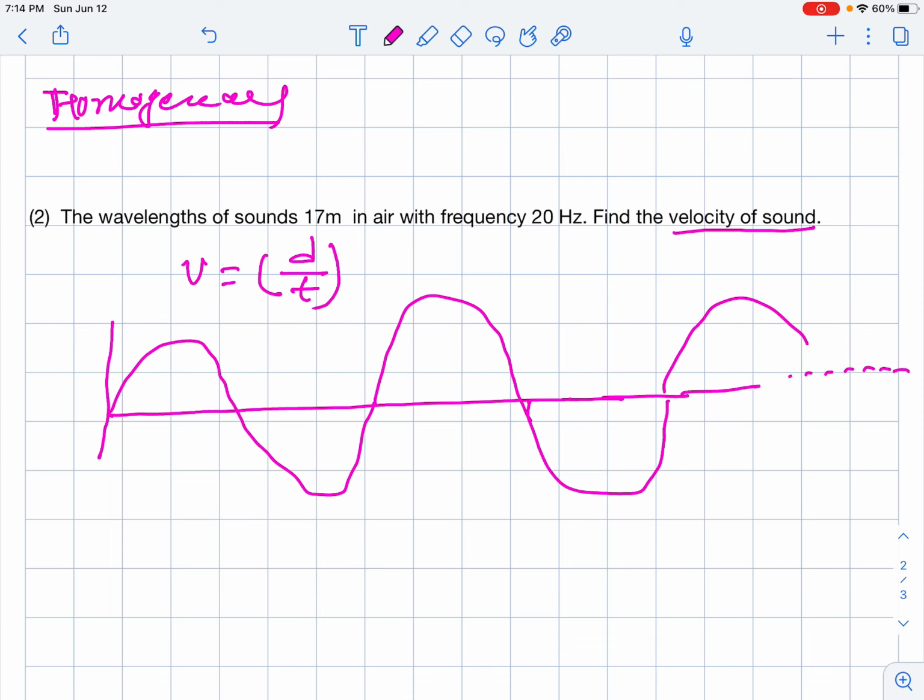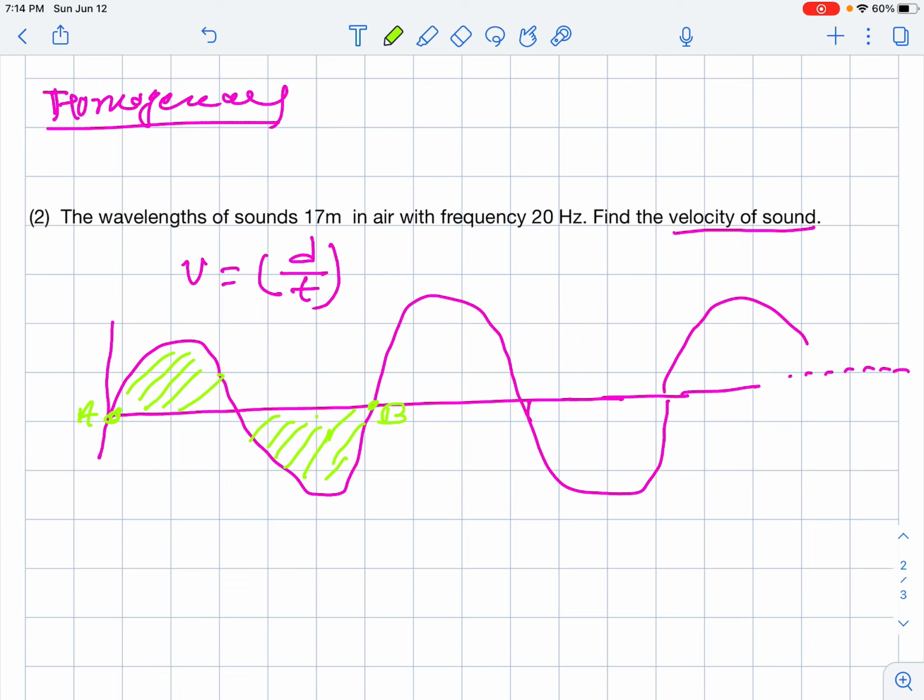There is a half cycle. This is a half cycle, and this is also a half cycle. From A to B, for example, this is called a full cycle. When the wave travels from A to B, this is called the full cycle.